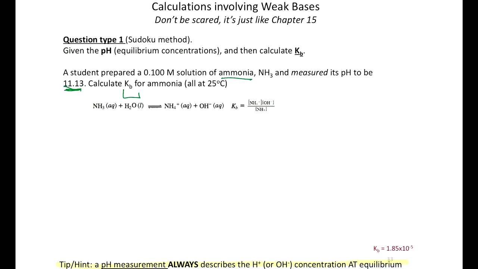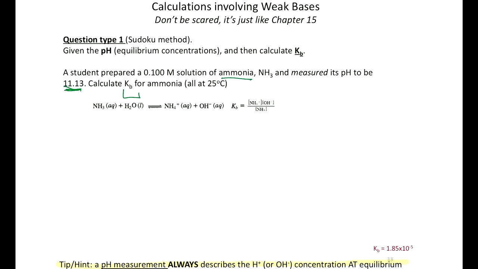So this first question is what I call the type 1 ice table, where you don't actually have to do a quadratic. It's where I give you initial concentrations, I give you a hint at the equilibrium line, and you calculate K. There's another example in these slides about acids, like for HF, but now we're doing it for a base and calculating Kb.